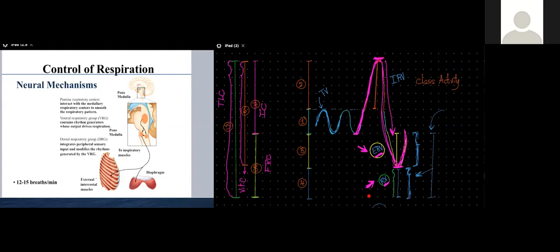So all this amount of air that can be kept in my lungs is called my total lung capacity. How about the maximum amount of air that I can move in and out? You ask your patient to perform maximal inspiration followed by maximal expiration. So all this together, inspiratory reserve, tidal volume, and expiratory reserve volume, all three together is what we call the vital capacity.